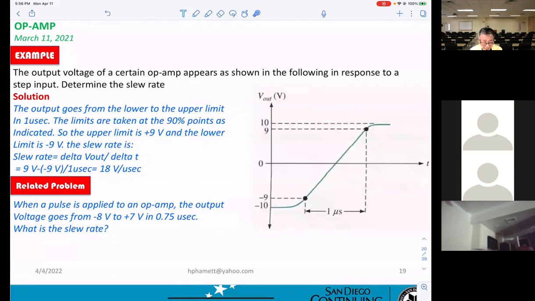Okay, and now can you do it for me? For a related problem: when a positive step is applied to an op-amp, the output voltage goes from minus 8 to plus 7 volts in 0.75 microsecond. What is the slew rate?